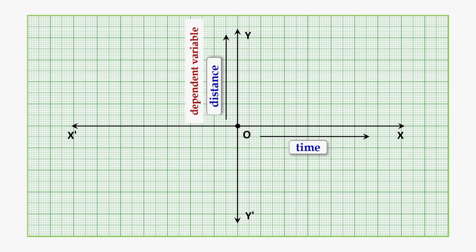So, distance is the dependent variable, and it is taken on the y-axis. Therefore, remember this rule clearly: independent variable on the x-axis and dependent variable on the y-axis. In distance-time graphs, time is always on the x-axis, and distance is always on the y-axis.